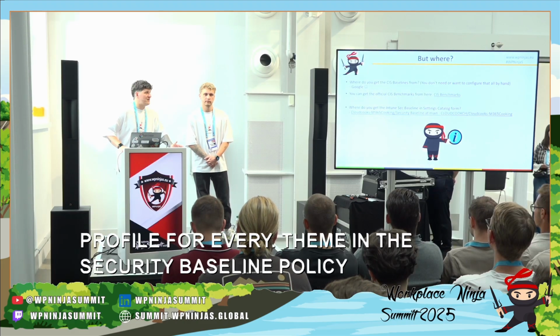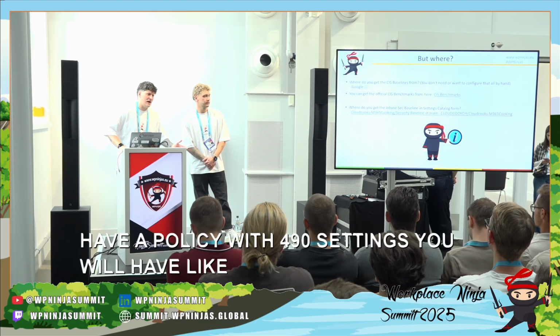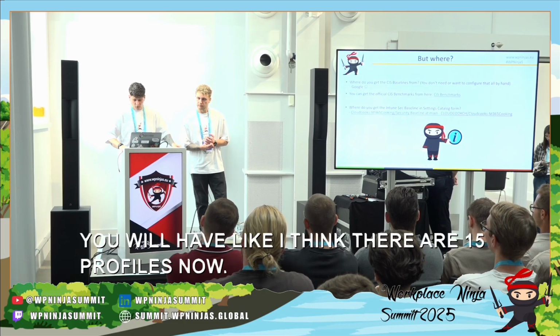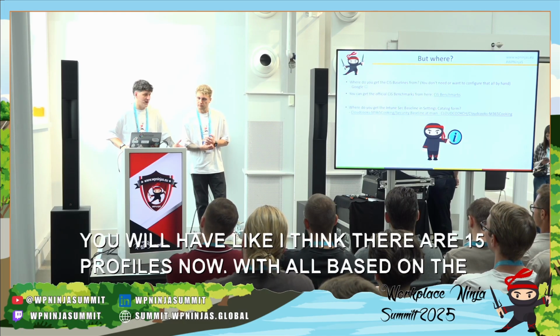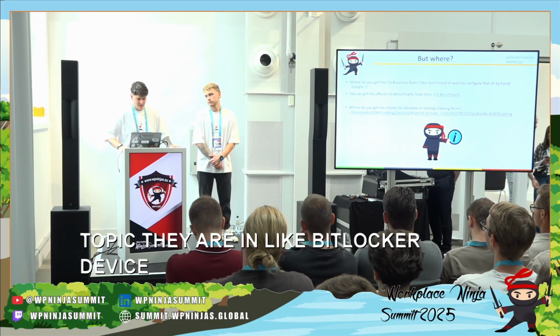So you don't have a policy with 490 settings. You will have, I think, 15 profiles now, all based on the topic they are in, like BitLocker, device restrictions, etc.